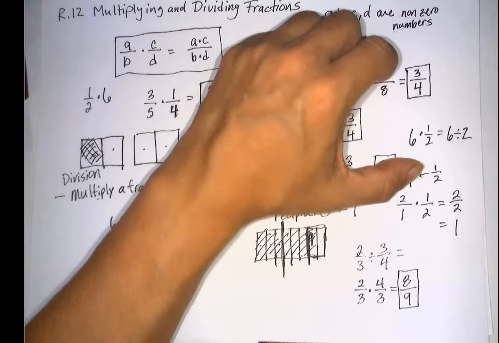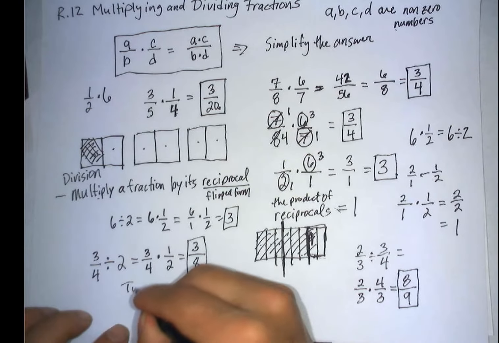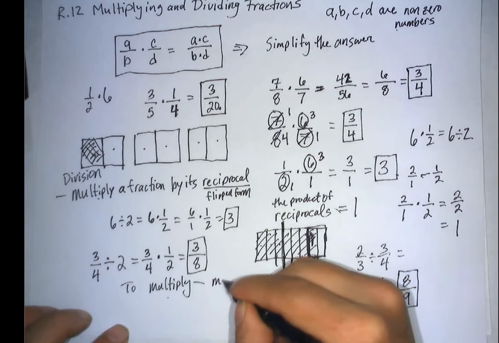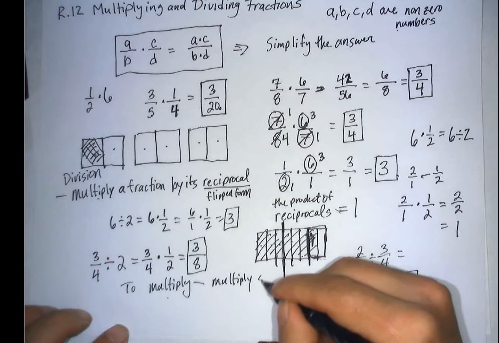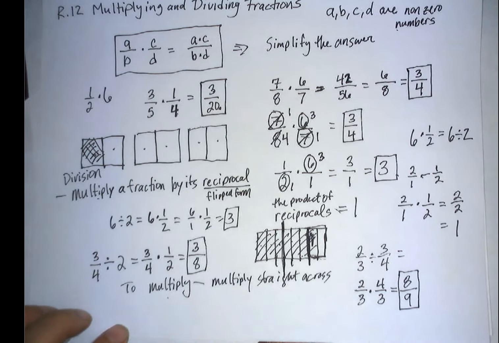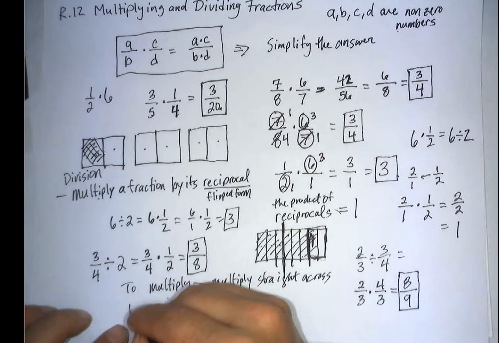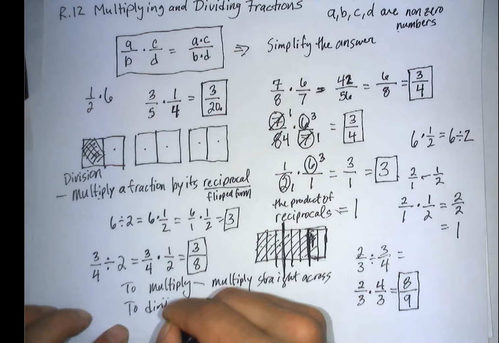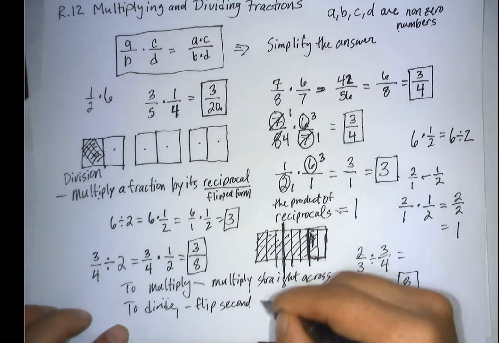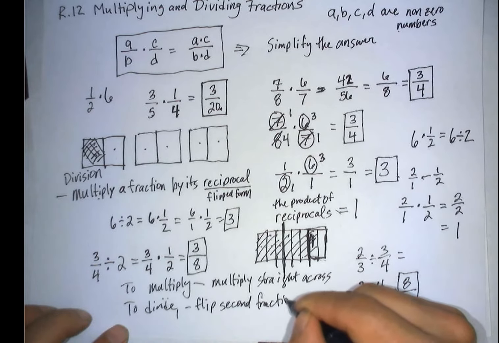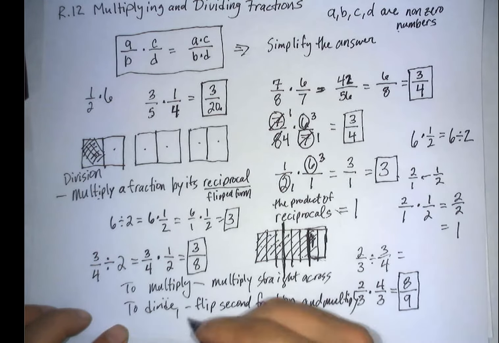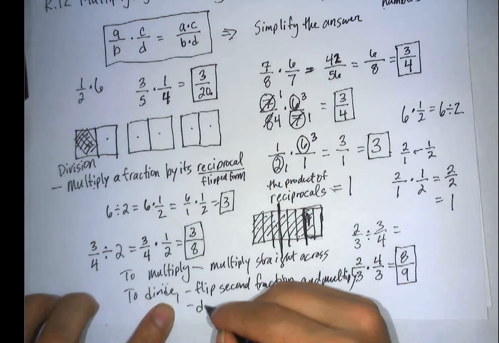So, to summarize, when we multiply fractions, we multiply straight across. To divide, we flip the second fraction and multiply, which is a common way to say divide by multiplying by the reciprocal.